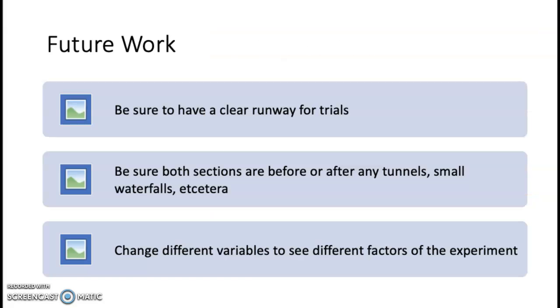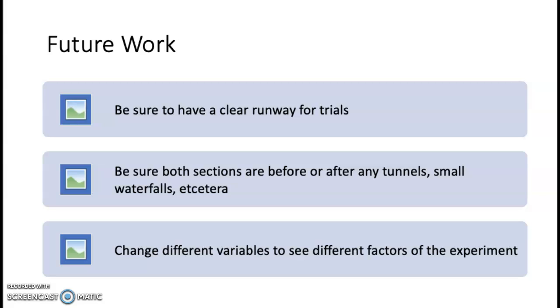For future reference, the two different sections of stream would likely produce a better result if they were both before or both after the tunnel, and also assuring a clear pathway with no obstacles for the trial runs.